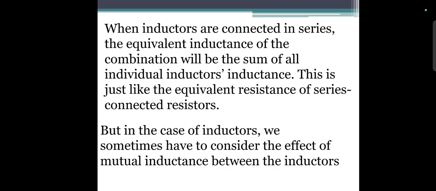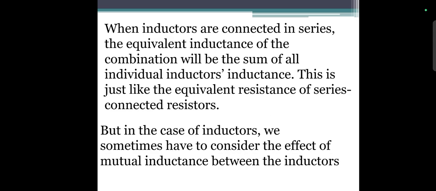When inductors are connected in series, the equivalent inductance of the combination will be the sum of all individual inductances. This is just like the equivalent resistance of series connected resistors.